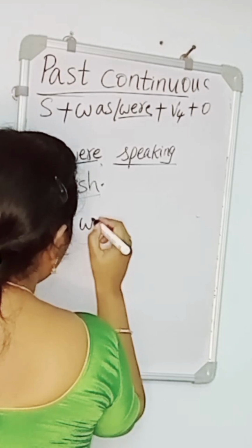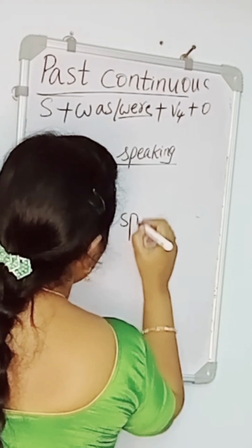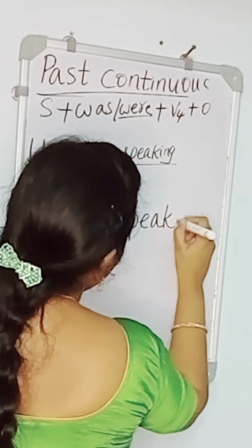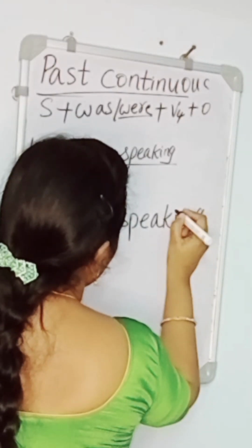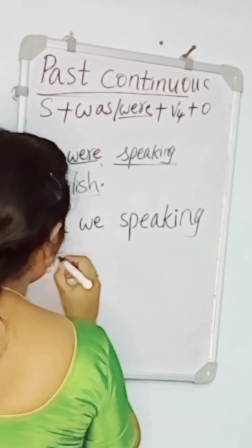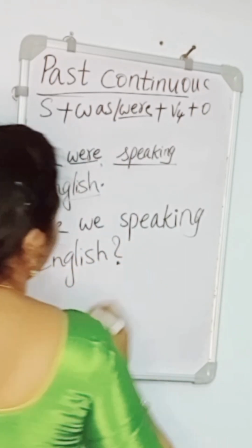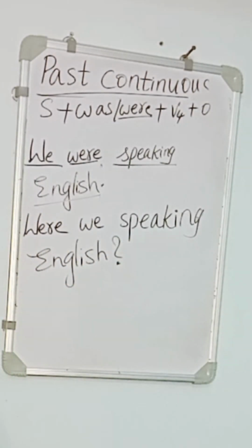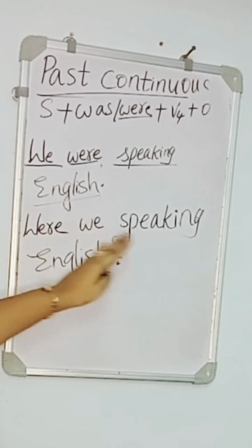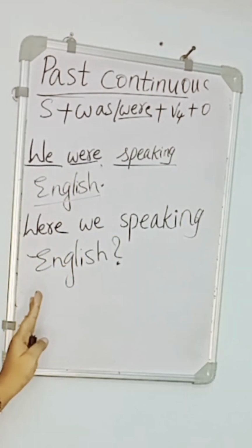Were we speaking English? And question mark. Okay. So that is very easy now. How to write question? Just we have to write helping verb in the first and subject in the next. Were we speaking English? Okay.